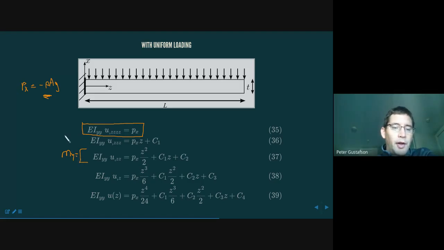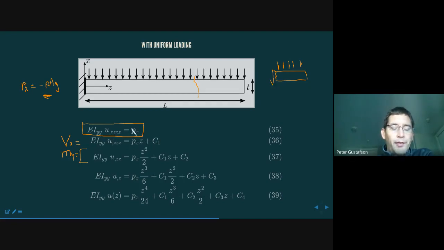Note also, just somewhat tangentially, that this equation here is going to be the resultant on the face. So if we had happened to take a free body diagram, something that looked like this, where I've made a cut maybe here, the shear resultant on that face is going to be this third derivative equation.